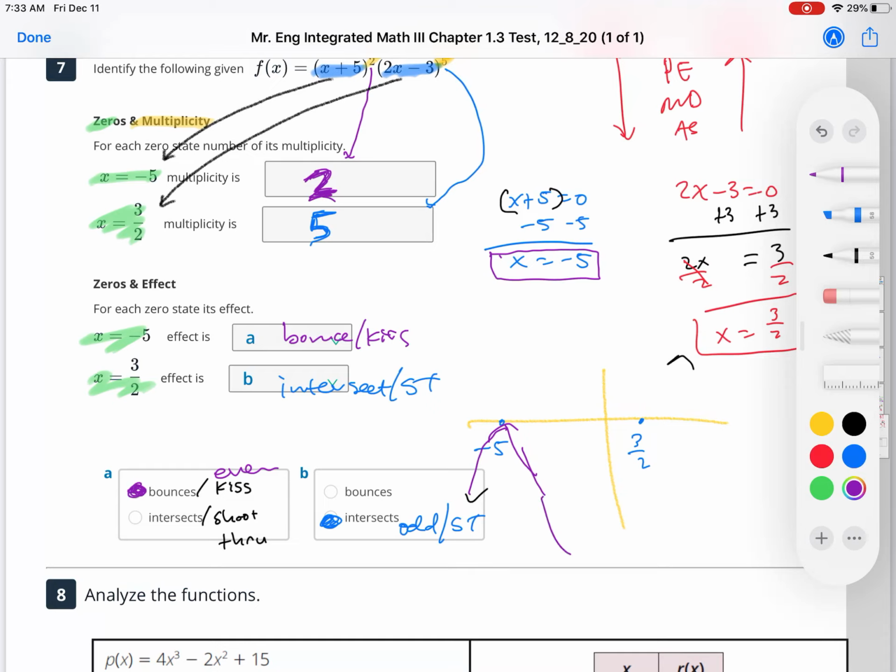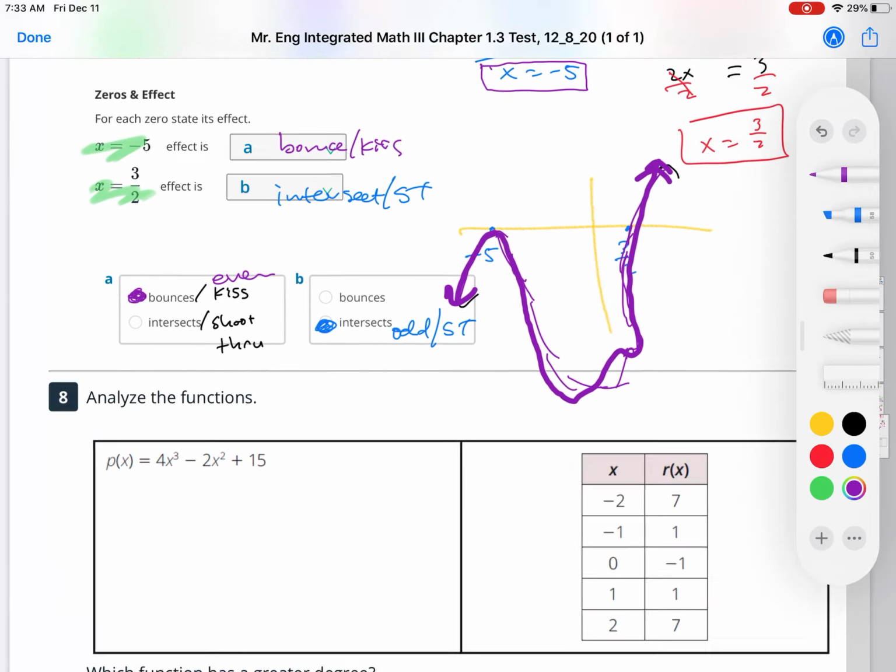It's going to go through some super low number, and then at 3/2 you will shoot through, something like this. And with the magic of math, you can just make the things thicker, something like that. Ugly, but it gives you the idea of what's happening to the graph.